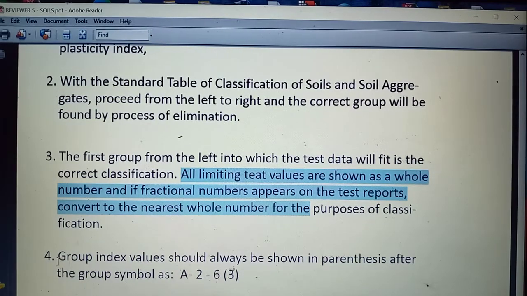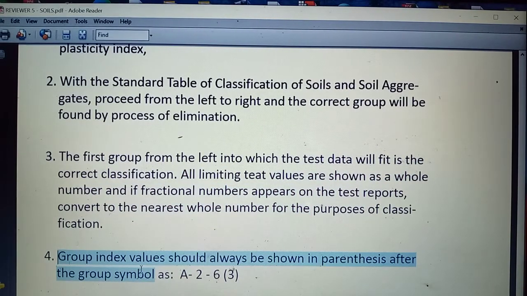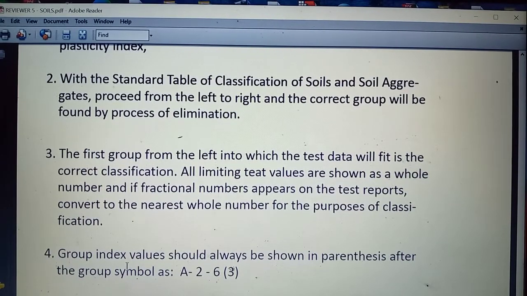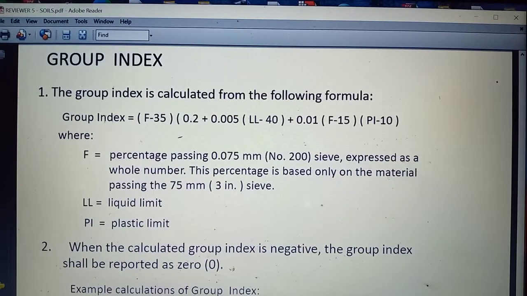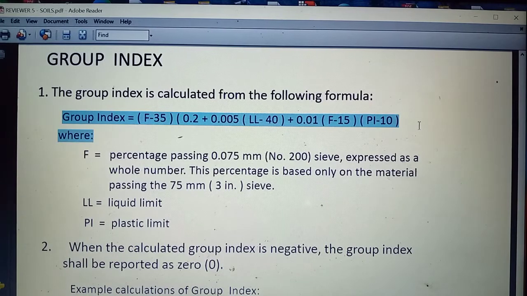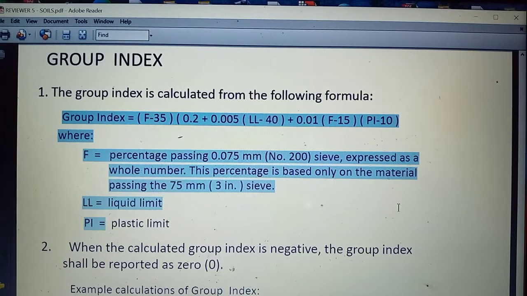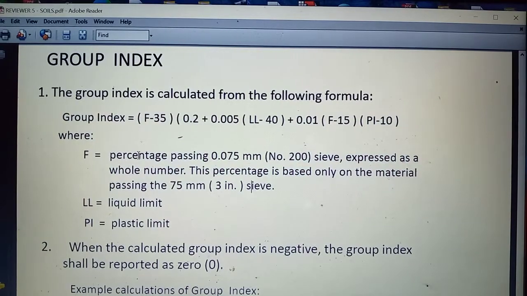And then, meron tayong group index. Group index value should always be shown in parentheses after the group symbol. Ayan yung formula ni group index. Ito yung F niya.